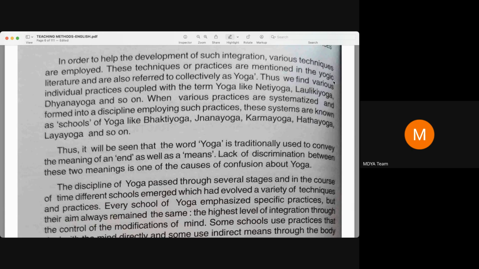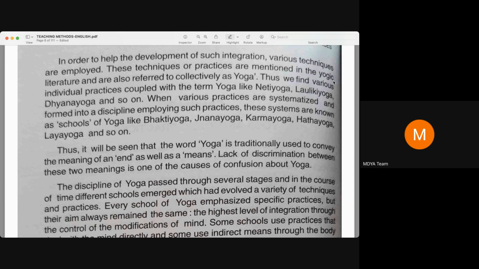So we find various individual practices coupled with this term, like here it is written Neti Yoga, Lauliki Yoga, Dhyana Yoga. It depends on the sage and which particular practice he teaches.